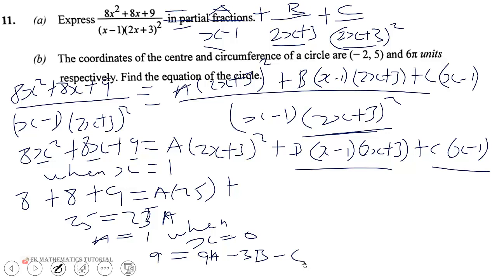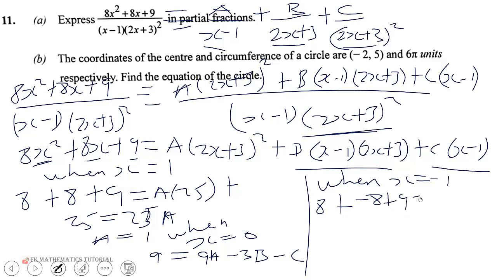When we put x equal negative 1, negative 1 squared is 1, so when you put negative 1 here, we get 8, and when you put negative 1 here, we get minus 8. So plus 9 is equal to, when you put negative 1 here, you get 1. 1 squared is 1, so a.